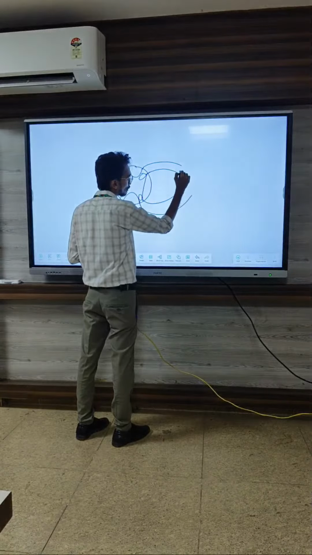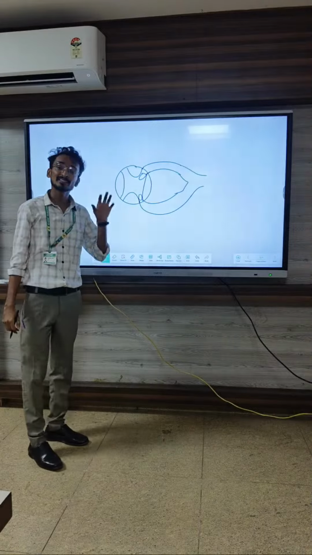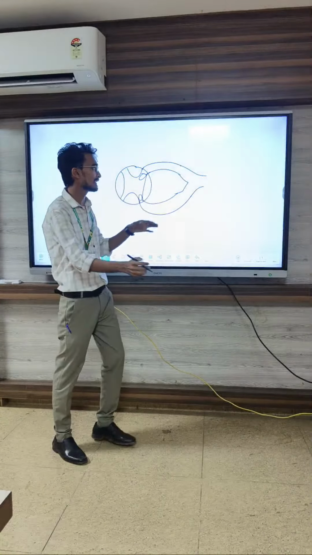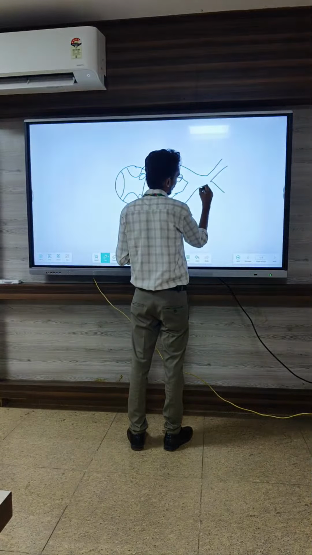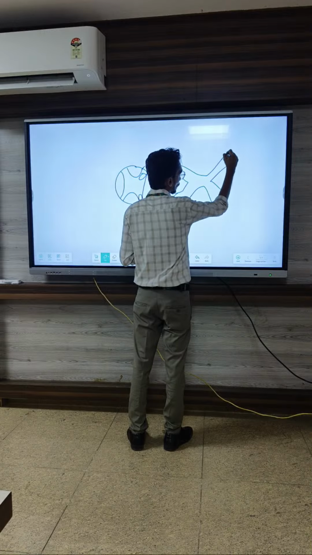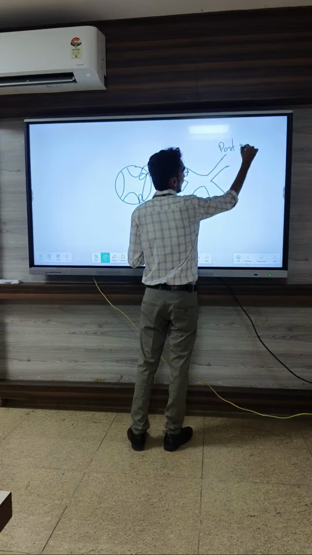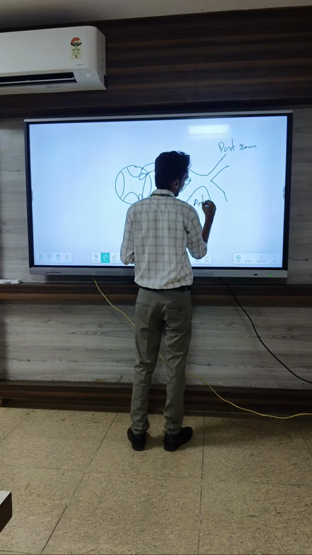Those nerve roots come forward and combine together to form spinal nerves. Again, these spinal nerves further divide into posterior rami and anterior rami.